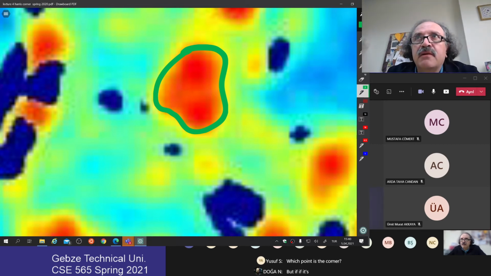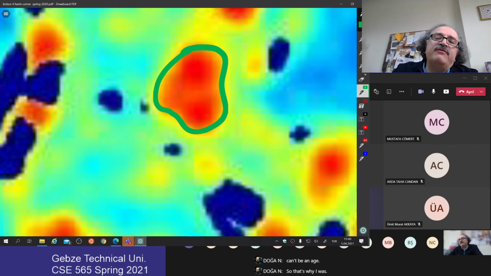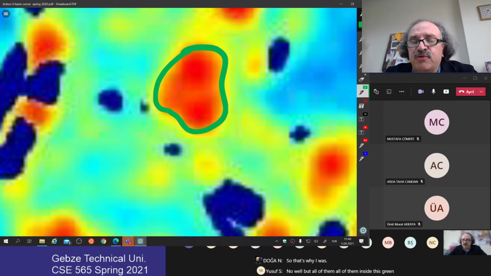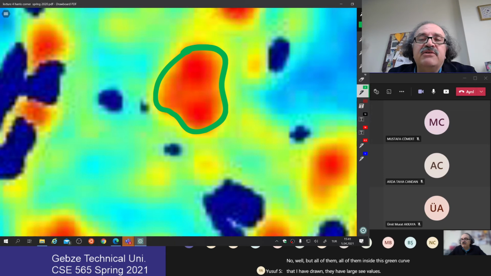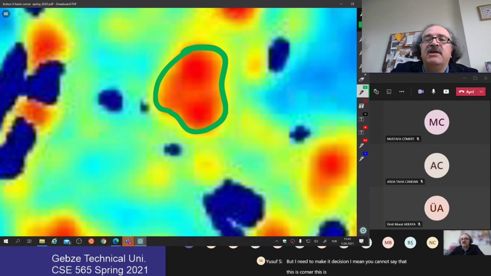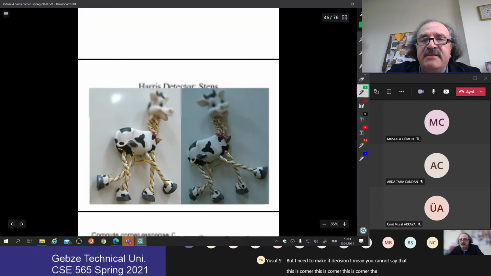We talked about that if C is near 0, it has to be an edge. So it can't be an edge. All of them inside this green curve that I have drawn have large C values, much larger than 0. But I need to make a decision. You cannot say that this is a corner, this is a corner, this is a corner.